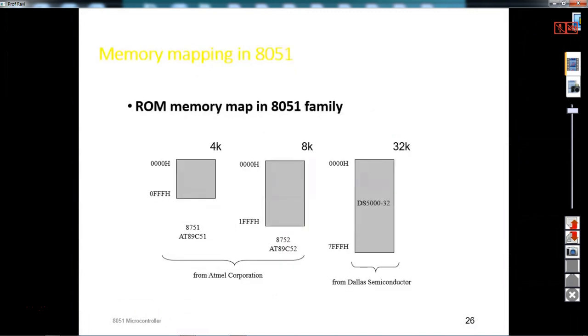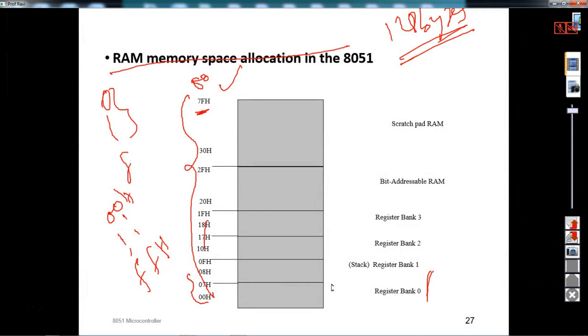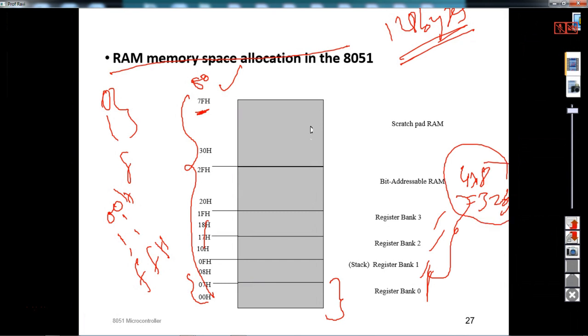So 8 bytes of this RAM can be used as 8-bit registers. Similarly, you have bank 1, bank 2, bank 3. Each bank is of 8 bytes. So 4 8s are 32 bytes, which are for general purpose RAM. This memory can be used as internal storage or you can use it as registers.